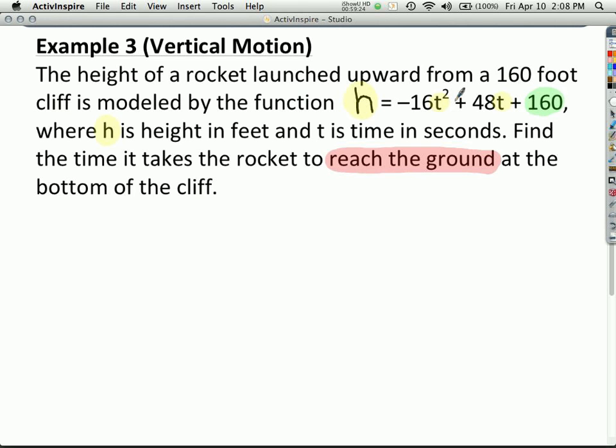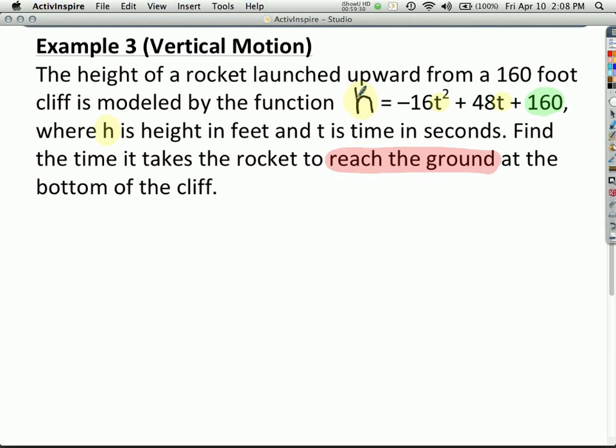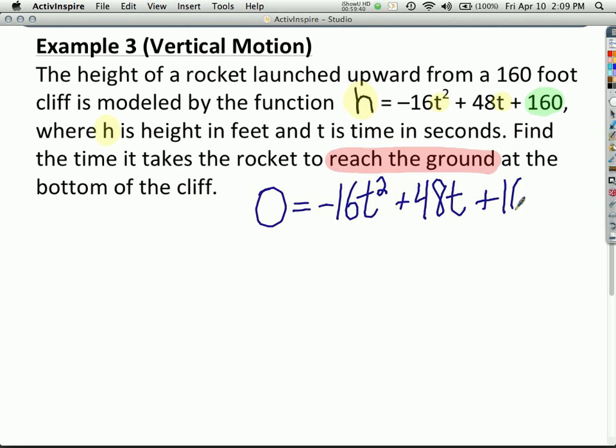So we need to take this and modify it with one little detail. We need to change this. So now we will end up with 0 equals negative 16t squared plus 48t plus 160. And now we want to solve it.